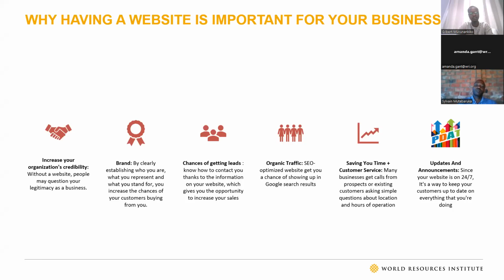That is important. If you have keywords, what you do, your product and the country you operate in, when someone looking for that product types in Google, you will have a chance to be listed among the first when your website is SEO optimized.